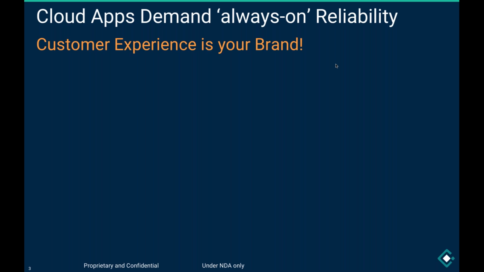But the expectations on the customer side has also changed to a point where they're expecting always on applications. When did Amazon.com go down? Why should my retail application go down?